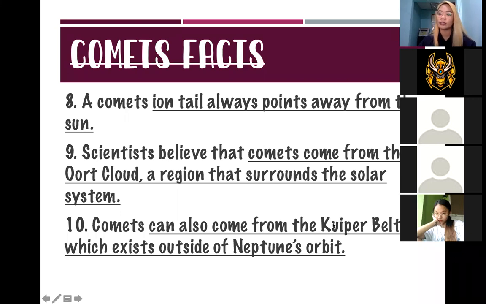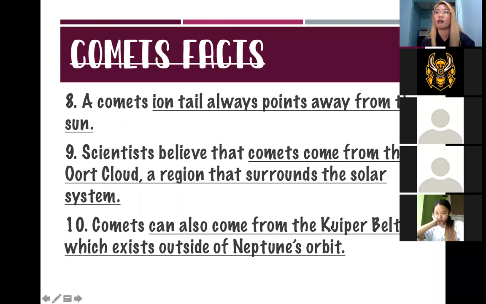The Kuiper Belt is near Neptune. Ito yung mga comets that regularly visit our solar system. Mas maliliit yung kanilang elliptical orbit or mas maliliit yung distance that they travel. So usually, we see comets coming from the Kuiper Belt regularly.